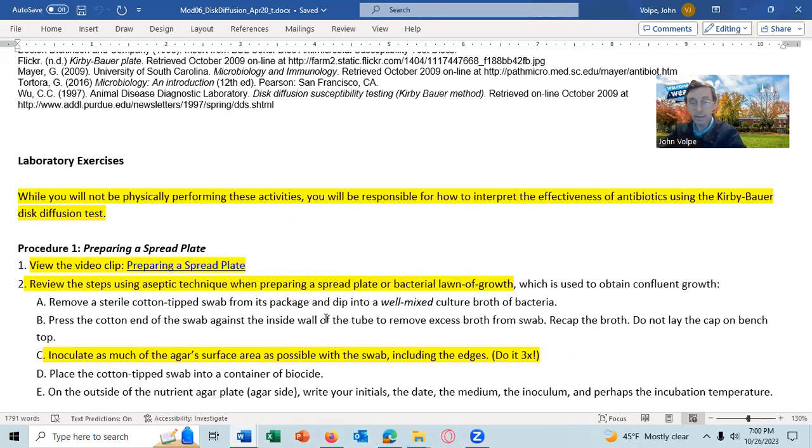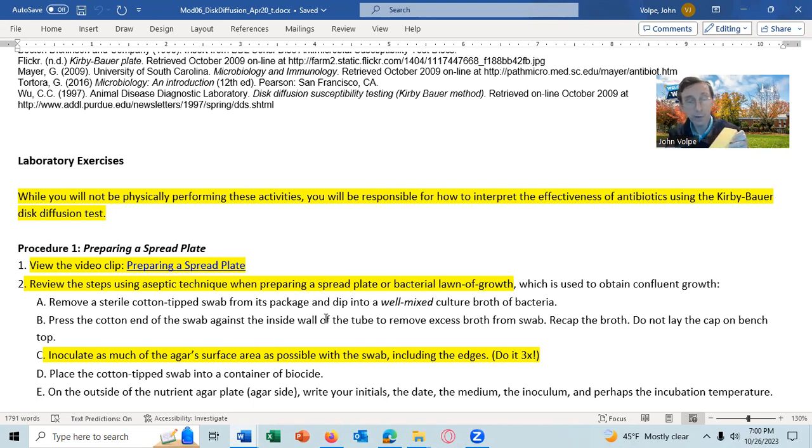Then take the plate. You want to do it like this, but I'm not going to show it like this, but you then swab everywhere on the plate. And that's a little too hard to do, so I'm going to actually do it like this. Swab everywhere on the plate. The plate will be round, so it'll be a little more difficult than this is showing you.